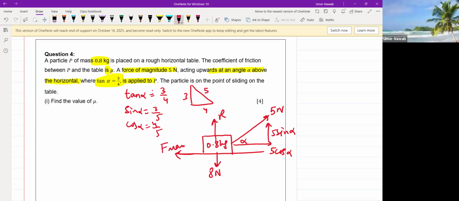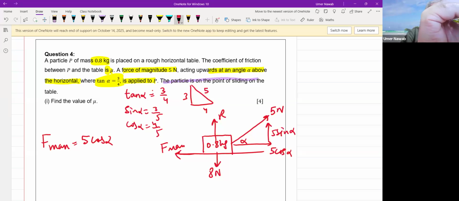And he mentioned that the particle is on the point of slipping. If the particle is on the point of slipping, then definitely F max will be equal to 5 cosine of alpha and F max is mu R.